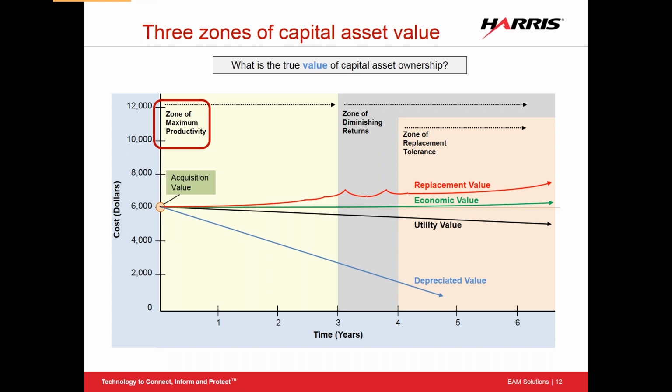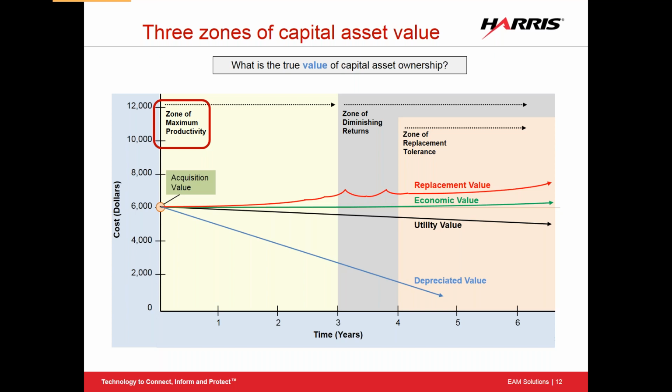But the point in time does come when you start noticing that particular asset, that widget, is now slowing down a little bit. It's only producing at 80% or 85%. And again, if you're keeping tabs on your life cycle costs, there are ways that you can predict when that output of that widget is going to hit a point where you no longer can afford to keep it in production.